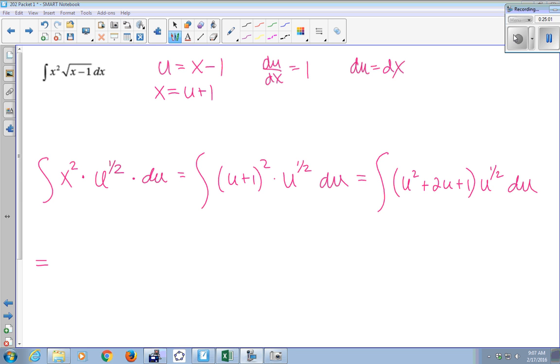Okay. All I did here was square my u plus 1. Now I'm going to distribute my u to the 1/2. Remember, multiplying like bases, you add the exponents. So this is going to become the integral of u to the 2.5 plus 2u to the 1.5 plus u to the 1/2 du.